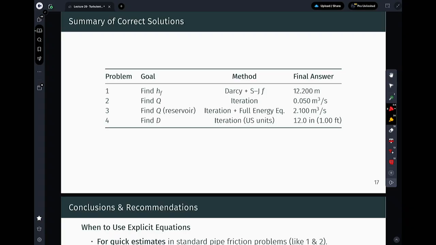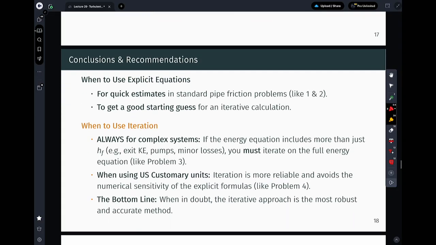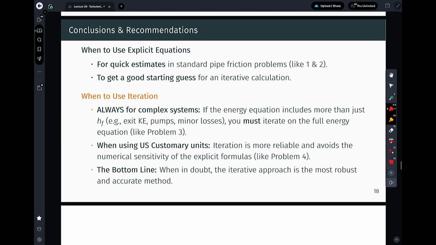Those are the final answers for all of those problems. So those sort of work out really well. Iteration is usually safe, and it's pretty painless, to be honest. Explicit equations like Swamee-Jain are great for quick estimates, and a great starting guess for your iterative calculations. Always for complex systems, use iteration.